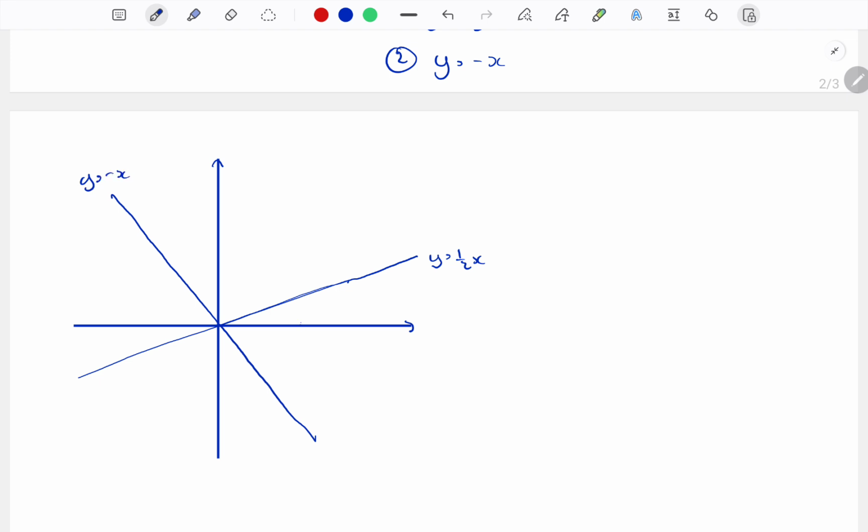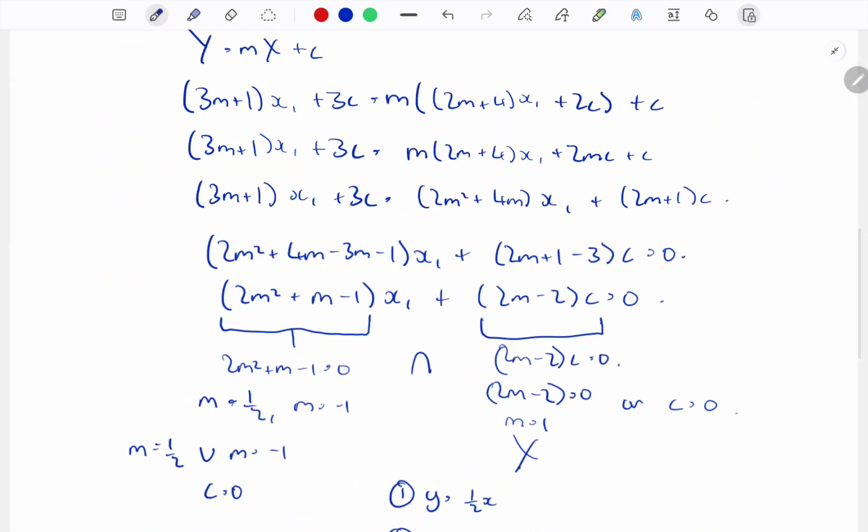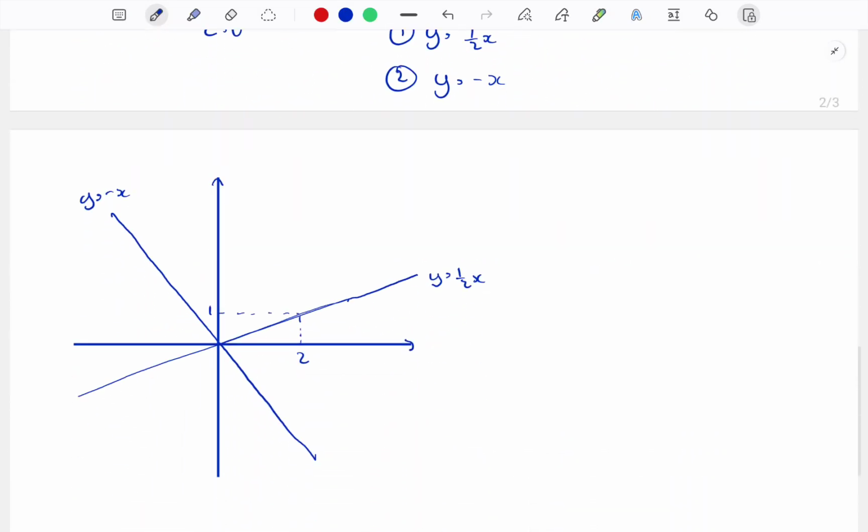Let's consider a certain point on y equals 1/2 x, 2, 1. When we apply the matrix M, 4, 2, 1, 3, to 2, 1, we are expecting that it will move to a different place on the same line, y equals 1/2 x.